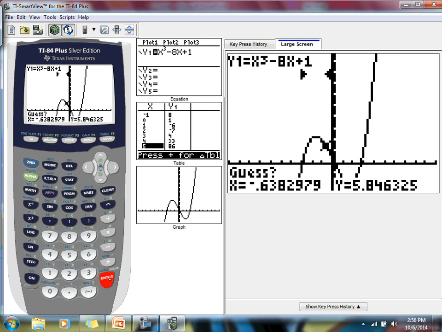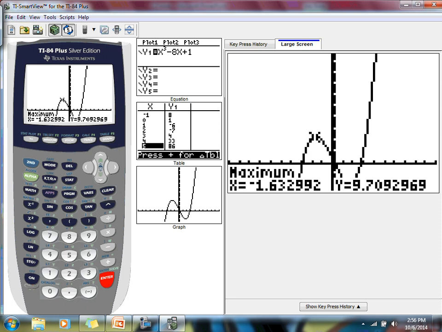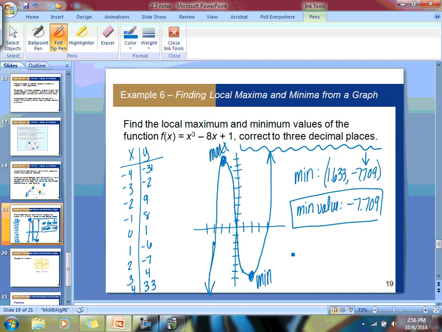Hit enter, and hit enter one more time, and there's your ordered pair, -1.633 and then 9.709. So your max ordered pair is -1.633 and 9.709. But again, remember, your maximum value is the 9.709.